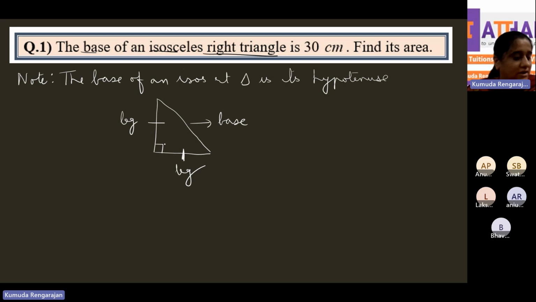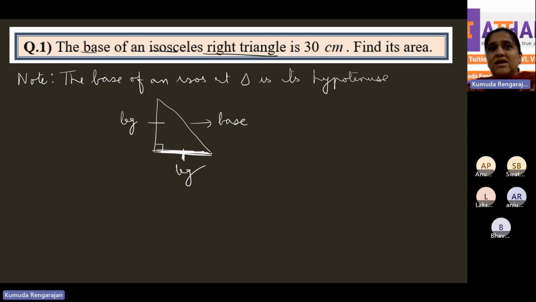So if it is a right triangle and also an isosceles triangle and the term base is used, you should not mark it here. Normally base means we take the side on which the triangle is standing, the lowest side. It's not like that. Base can be any of the three sides.